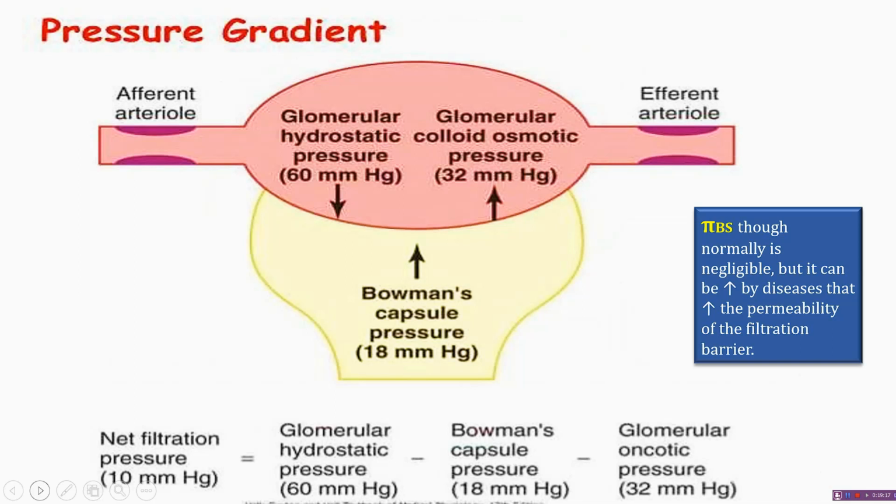Now, what are the values for the filtration? It is actually the net filtration pressure, because the filtration pressure changes around the glomeruli. The net filtration pressure comes to be 10 because the glomerular hydrostatic pressure is 60, Bowman's capsular pressure is 18, and glomerular oncotic pressure is 32.